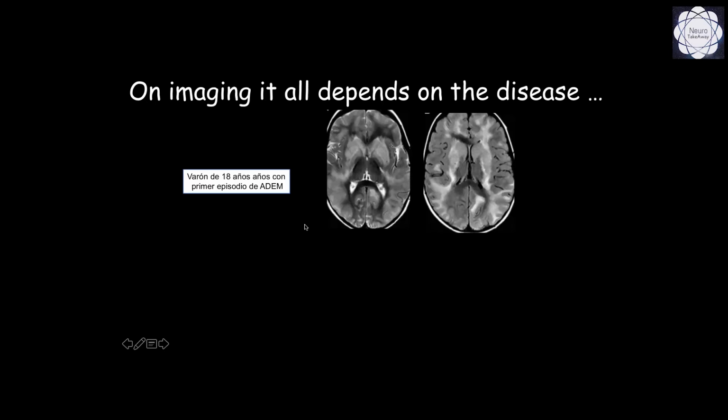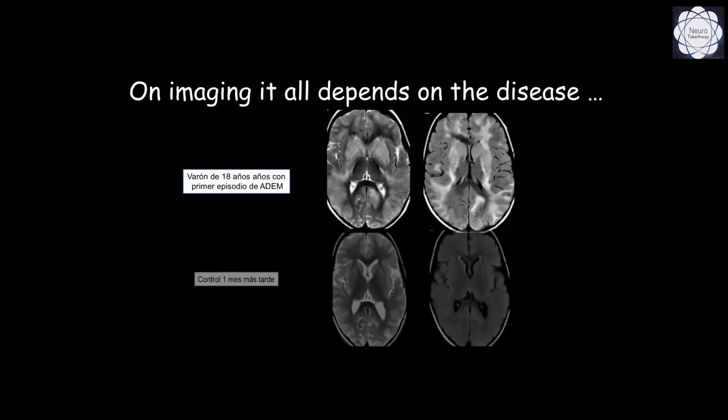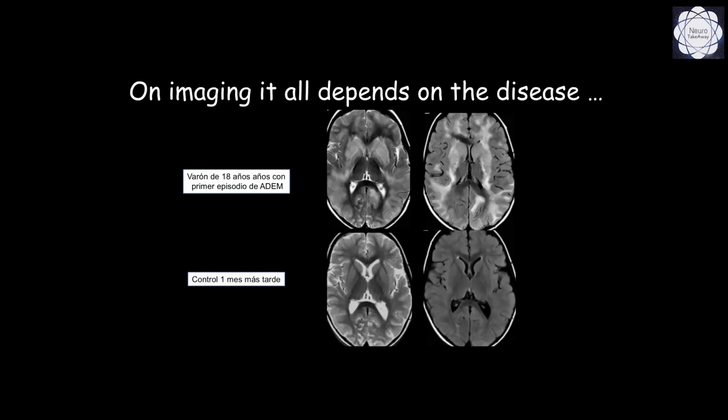You can see the ugly aspect of these images with a lot of hyperintensities in both brain hemispheres. They are almost symmetrical. They involved the basal ganglia, but after an empirical treatment with steroids, this patient almost completely resolved the lesions.